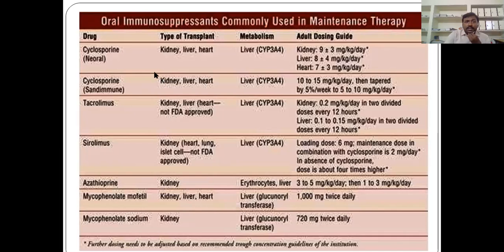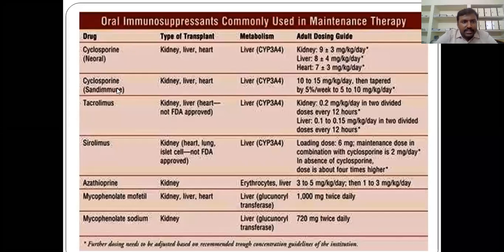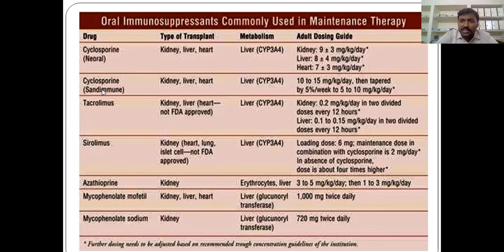And some immunosuppressants are commonly used for maintenance therapy, especially in transplantation, for example in liver transplantation. Especially cyclosporin, we can use in transplantation, and Sandimmune. Here only the brand name is changed, because some brand names work very effectively.